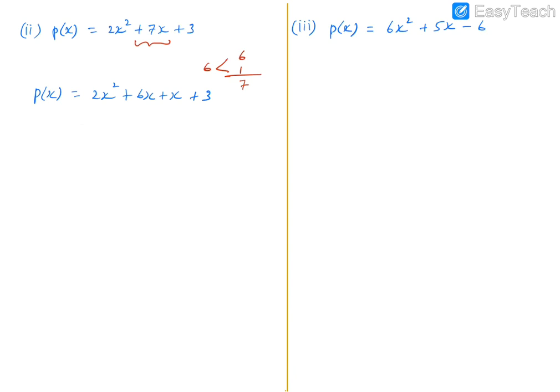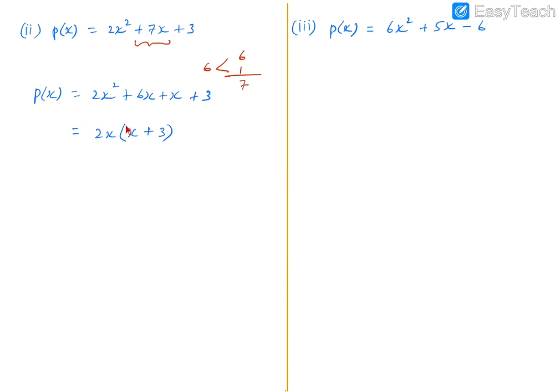Now we just have to take some common factors out and simplify this expression. We will take 2x as the common factor. 2x into x gives us 2x squared, and 2x multiplied by 3 gives 6x, so the number is clearly 3: 2x into x plus 3.